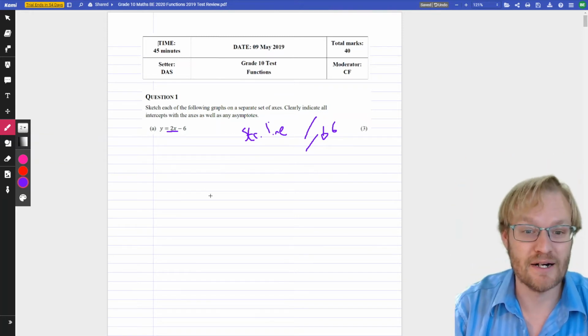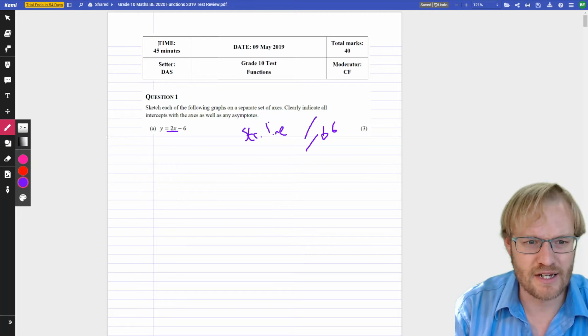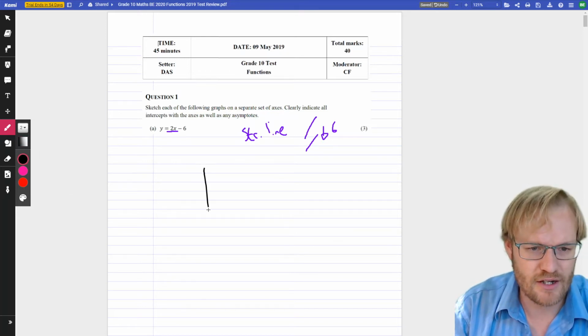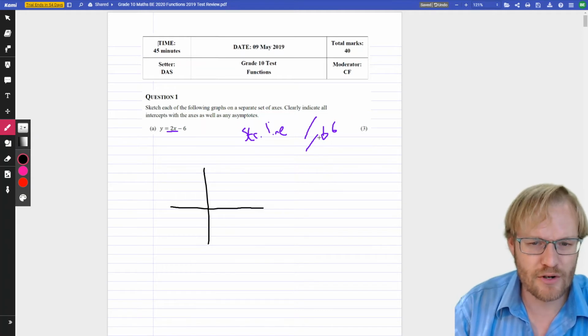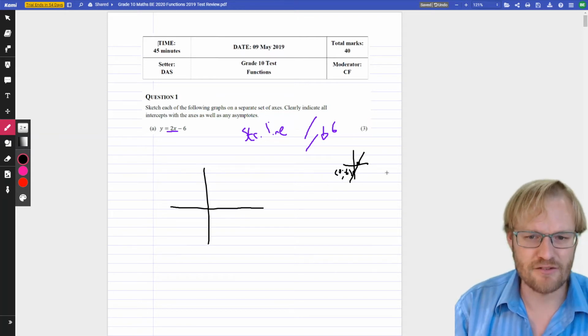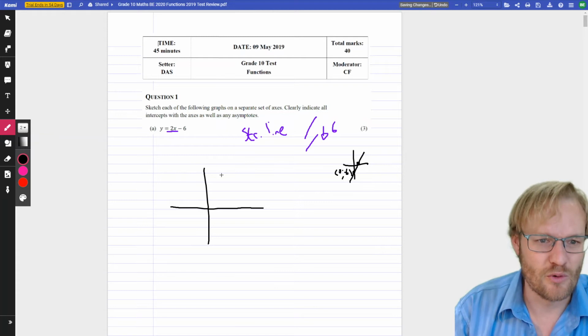We can put all that together and draw ourselves some axes. It's sometimes useful to do a quick sketch and go, I know it's going to have gone down by 6 and it's going to look something like that. I already know that point's going to be 0, minus 6, and I'm going to have to find out that point there.